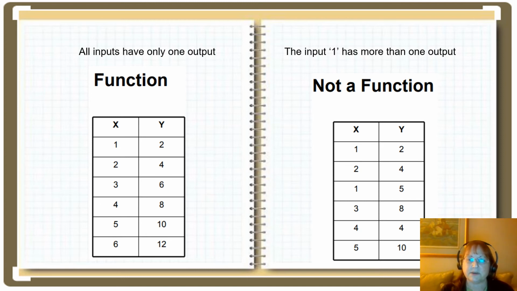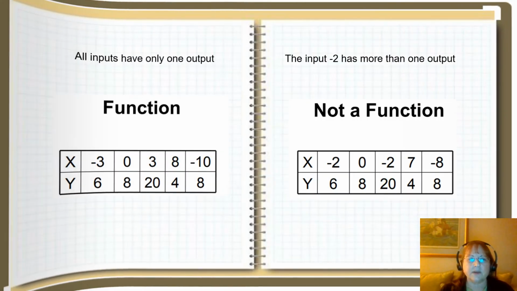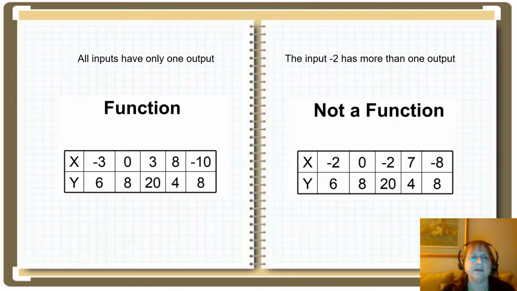So let's look at some more examples. We have another table of values, but this one is horizontal instead of vertical like the previous one. We have our x values, our inputs, and our y values. In the function on the left, none of the x values are repeating.